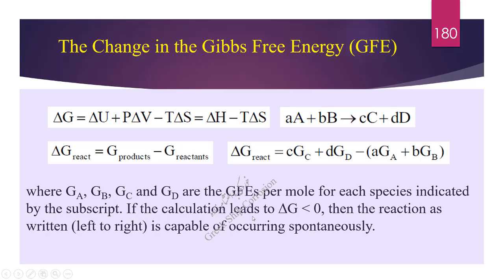If the calculation leads to delta G less than 0, then the reaction, as written left to right, is capable of occurring spontaneously.